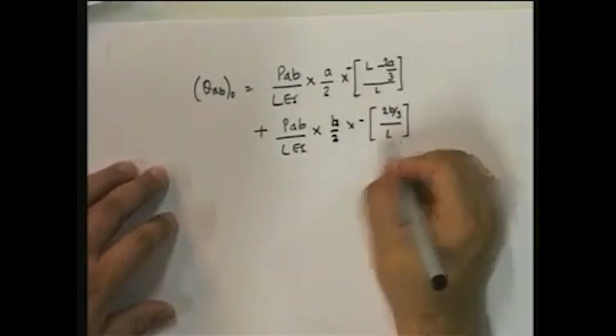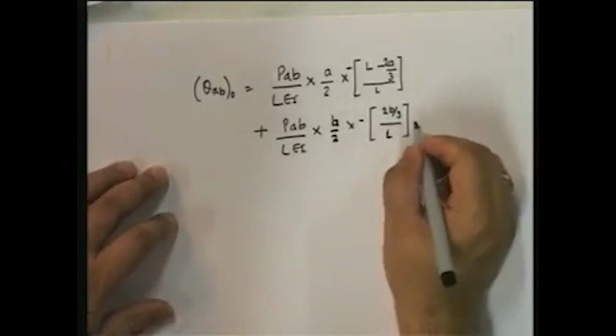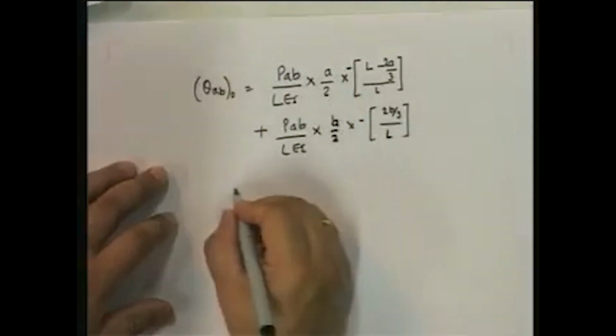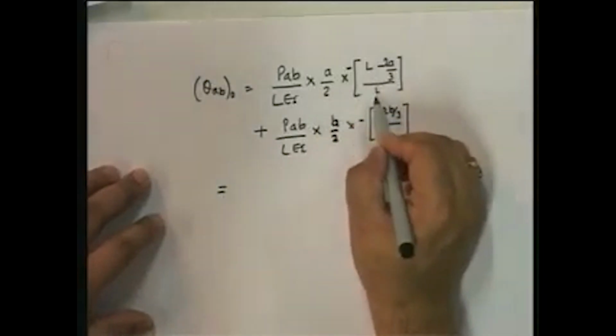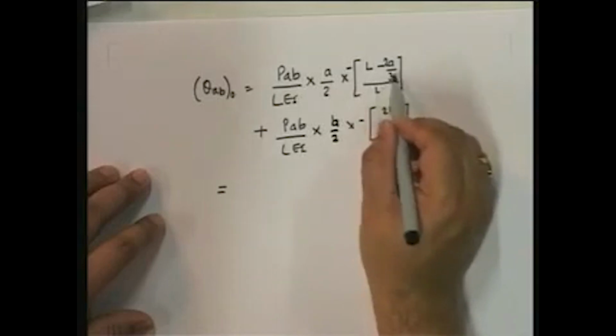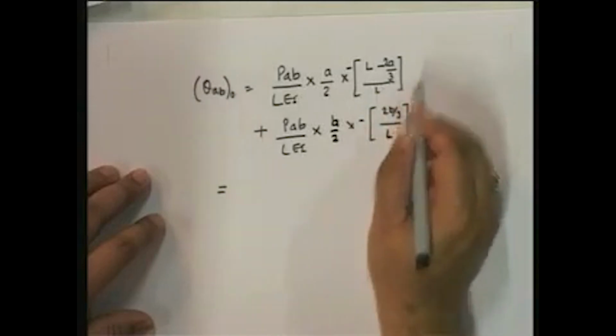Okay, because it's 1 at L, so this is going to be 2/3 B upon L. So this is theta AB. Let me put these things down properly. L upon L is 1. So it's going to be 1 minus 2A upon 3L.